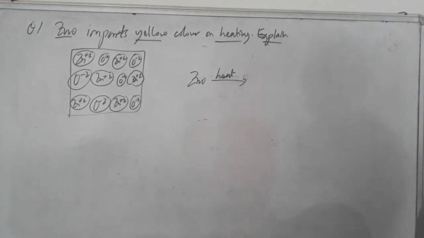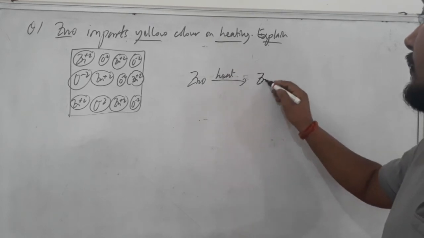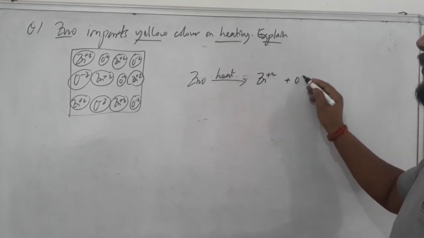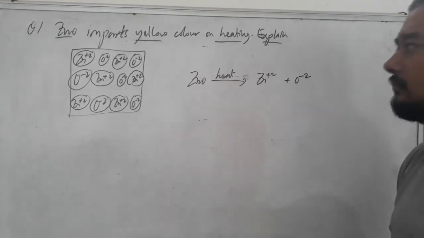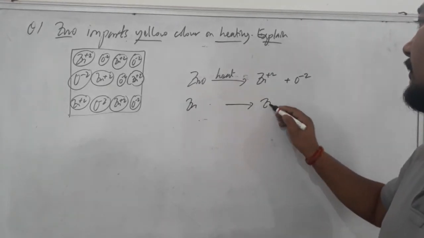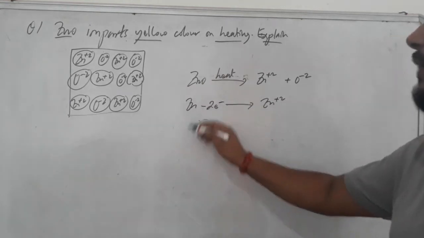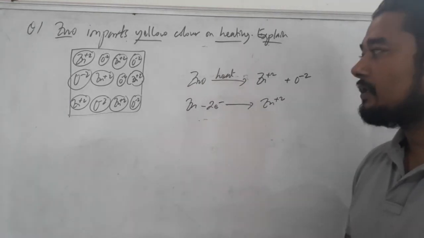what will happen here is, zinc oxide converts to zinc ion as well as oxide ion. When zinc converts to zinc ion, it is going to lose 2 electrons, because the valency of zinc is 2.